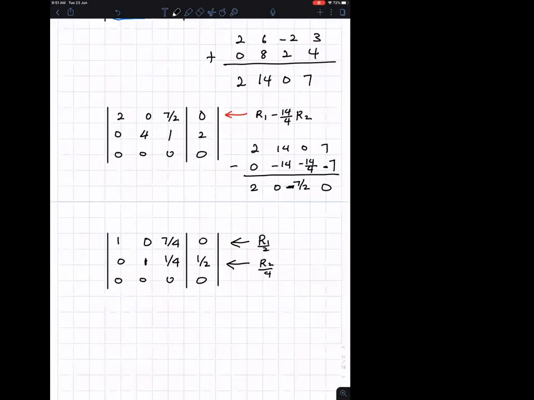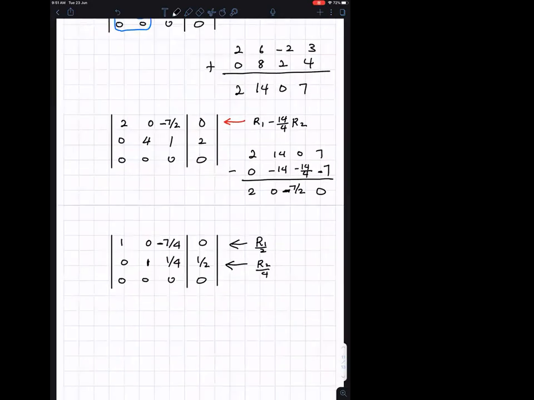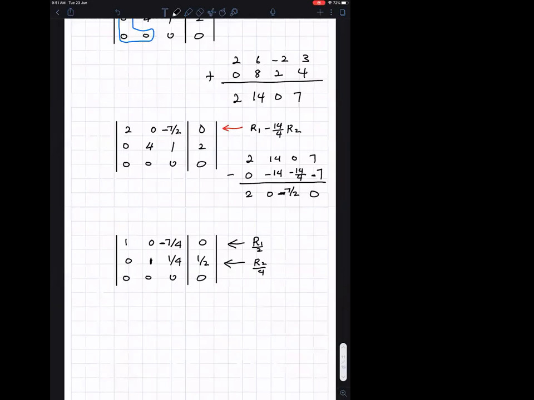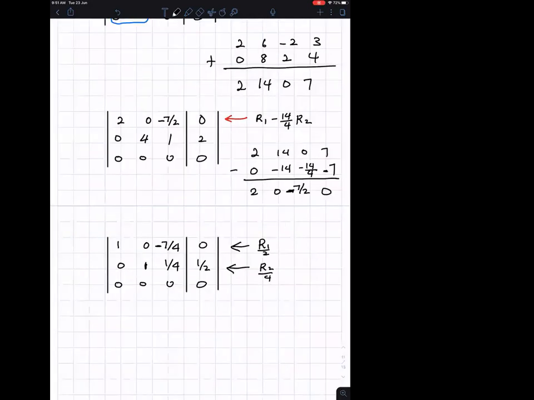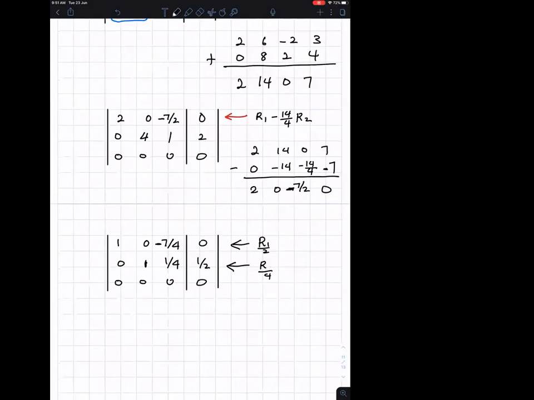So you can see, you can make simple algebra mistakes, sign errors. So I recommend you do it step by step and avoid doing things hastily.